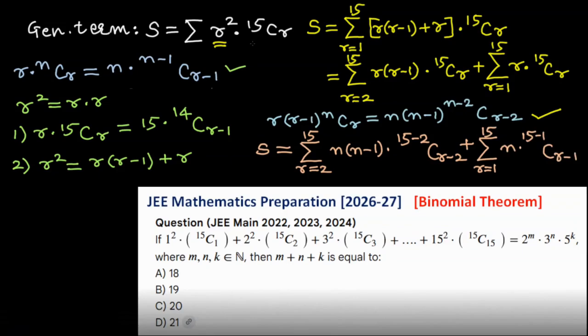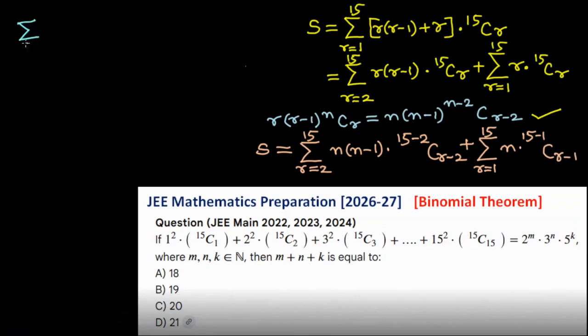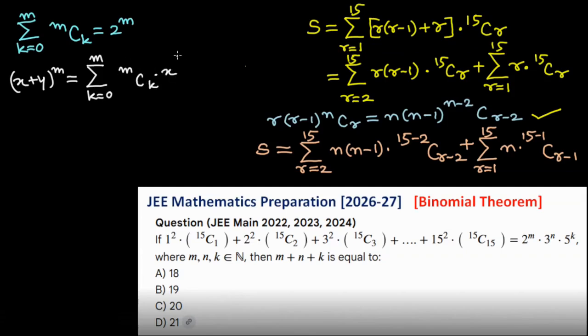Here we have to use another property, summation from k equals 0 to m of mCk equals 2 power m. This property can be easily verified. We have binomial expansion of (x plus y) power m as summation from k equals 0 to m of mCk x power (m minus k) y power k.